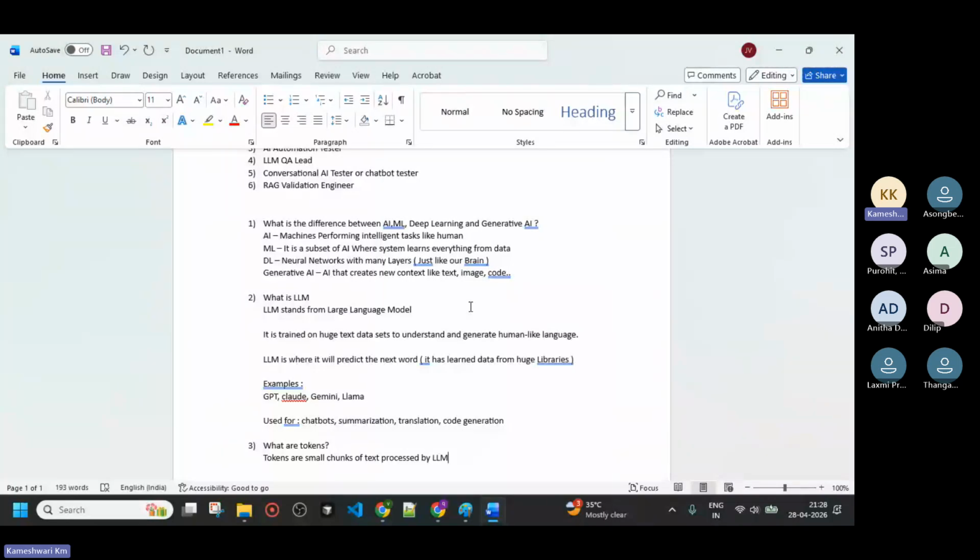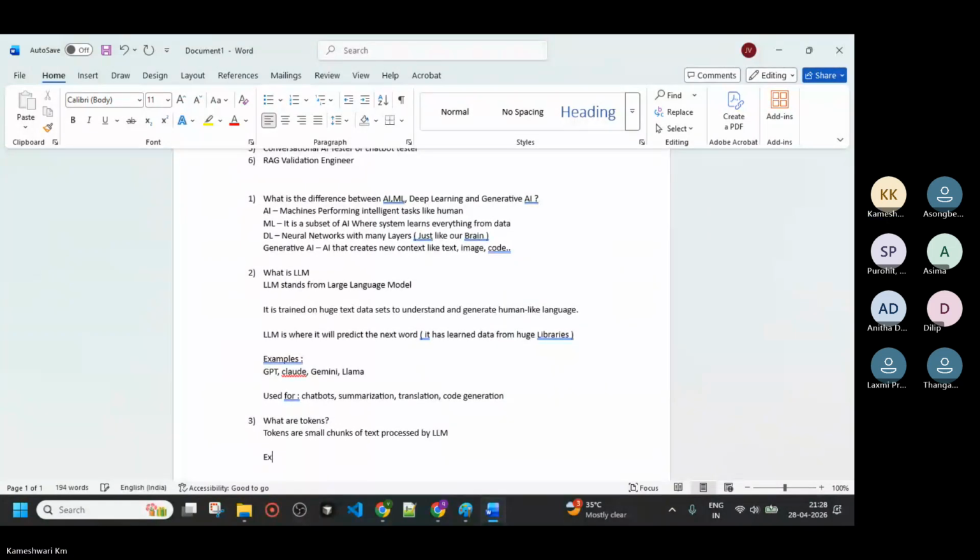To eradicate that, after keyword search we got the vector search. Vector search is completely token based. It converts the entire page into chunks, and the chunks are converted to small tokens. So tokens came into the picture with respect to vectors.